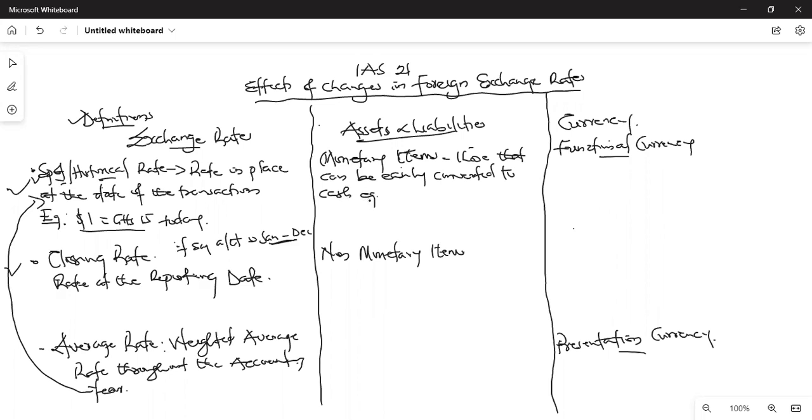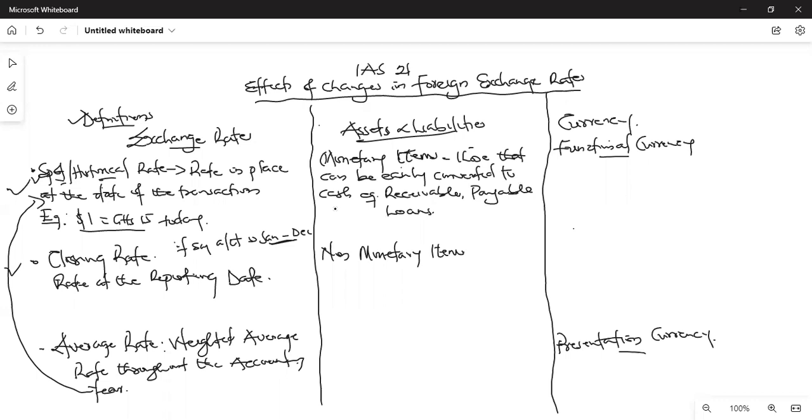A typical example are your trade receivables, your payables, right? Your loans. Okay, so these are monetary items. They can be easily converted into cash. Easily is the key.